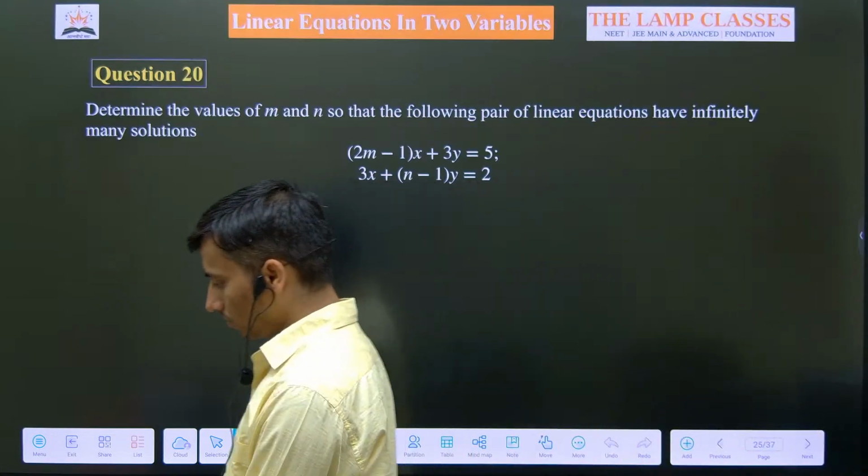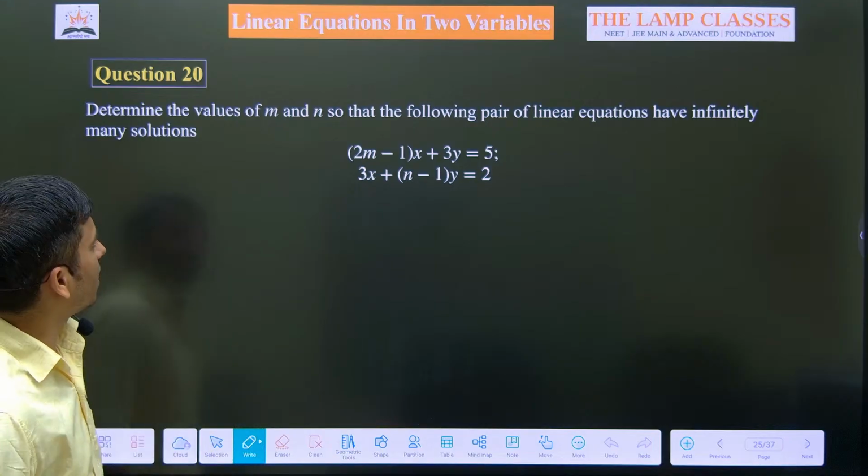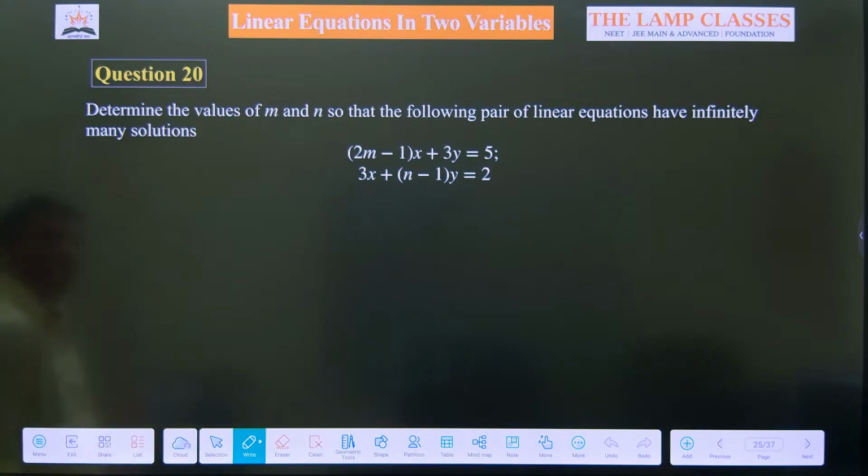Yeah, this is one more question where you have to find the unknowns, and this pair of linear equations is given to have infinitely many solutions. Please do it quick.